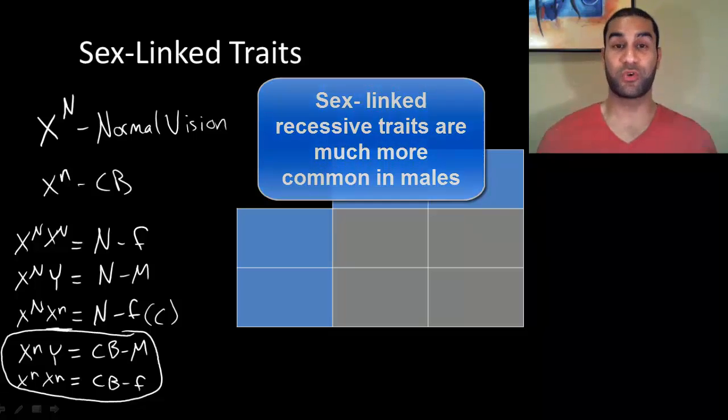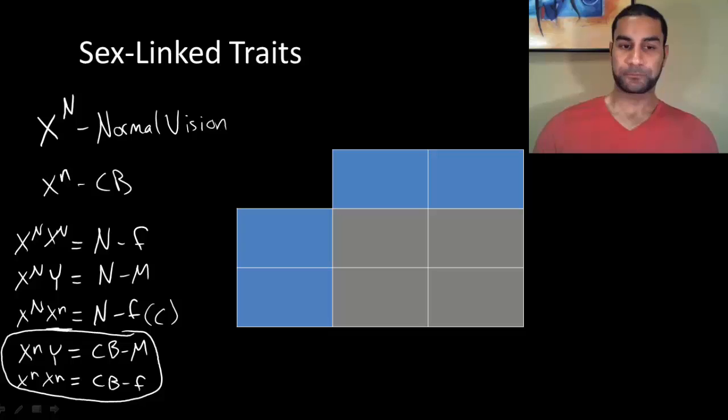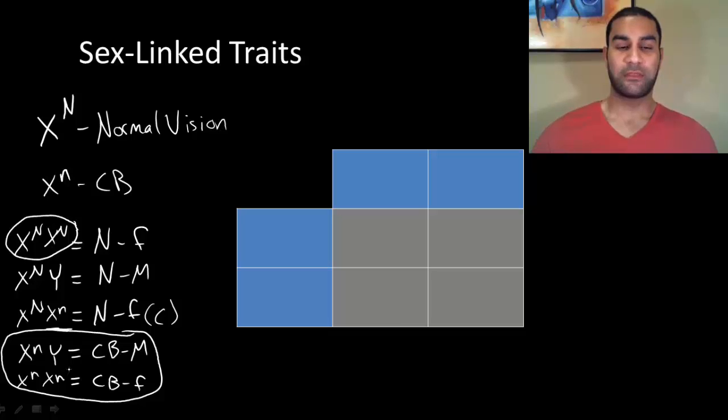So let's do some crosses here and give some basic scenarios. Let's say it's always going to be crossing with a male or female, right? So one of the parents will always be XX, the other parent will always be XY. Let's say I'm crossing a fully homozygous normal female with a colorblind male. So let's do this cross right here.